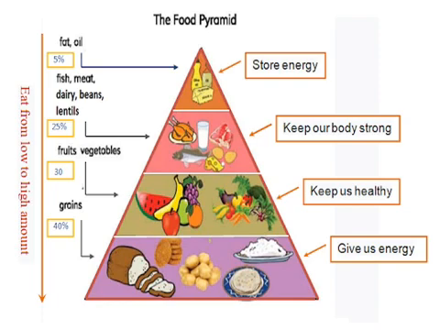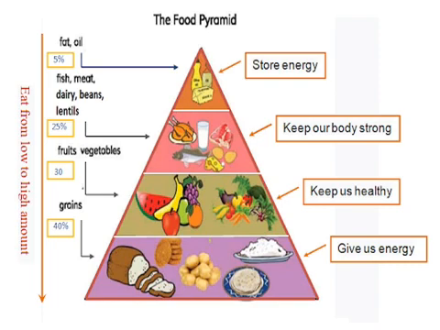In this food pyramid, we see foods have been divided into 4 groups. In the bottom, we see grains. Then in the next group, we see fruits and vegetables. In the third group, we see fish, meat, dairy, beans, and lentils. And in the last group we see fat and oil.